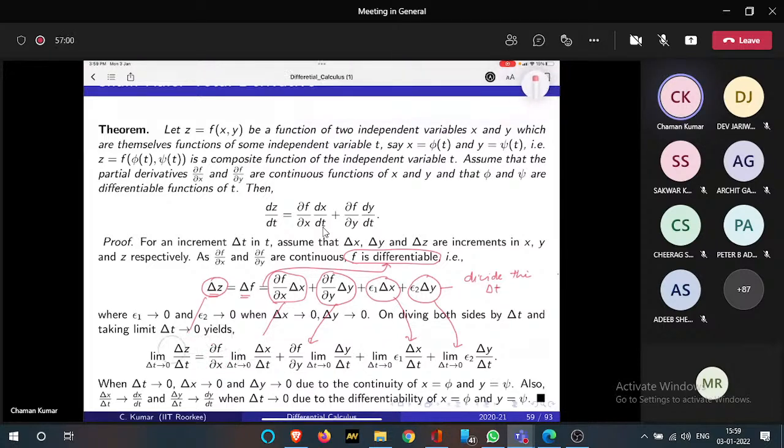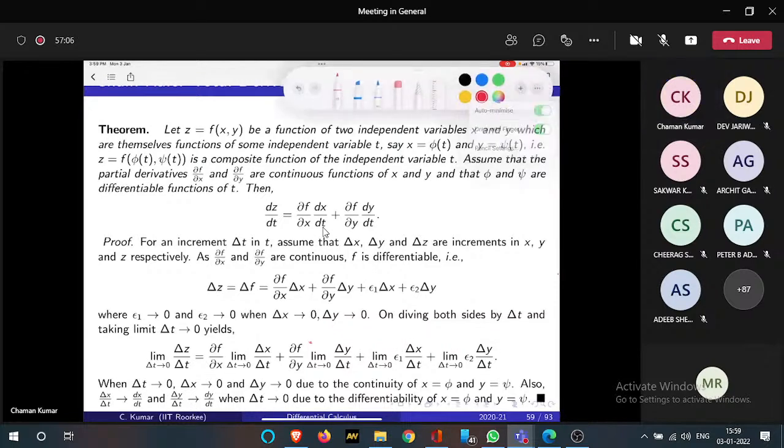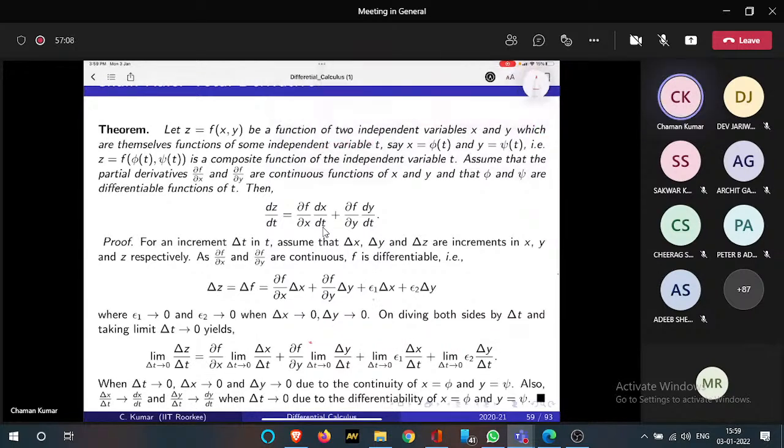Now when you take the limit, what happens then? When you take the limit, this becomes the derivative of z with respect to t. So basically you get this quantity. How about this one?